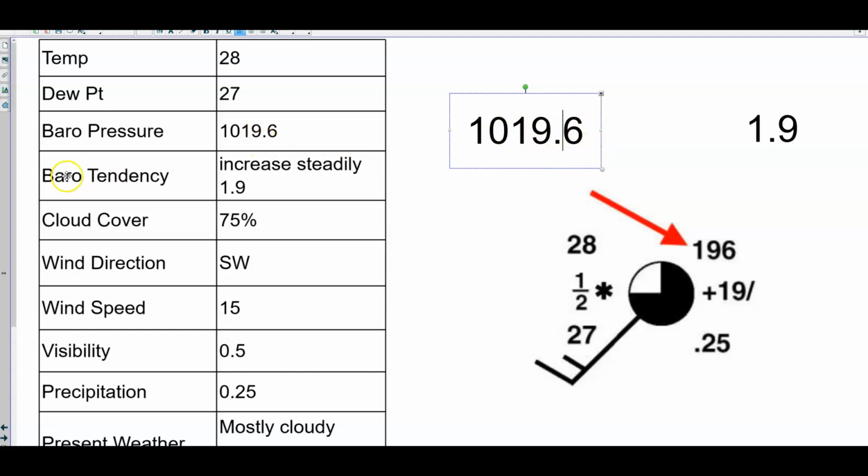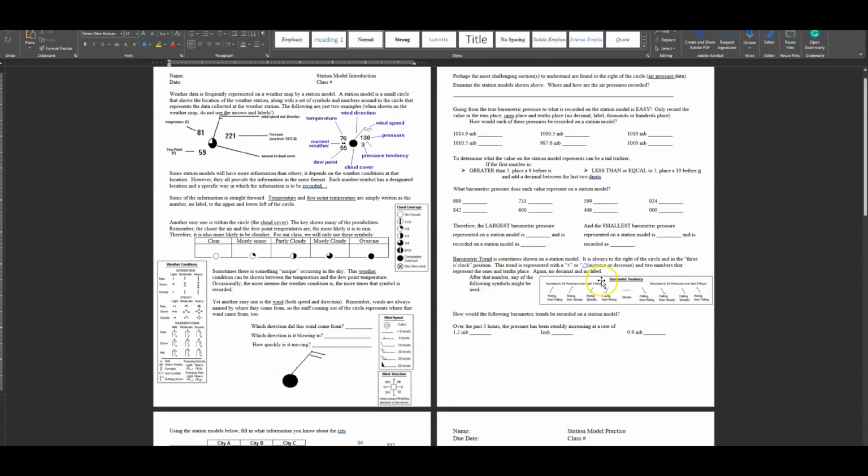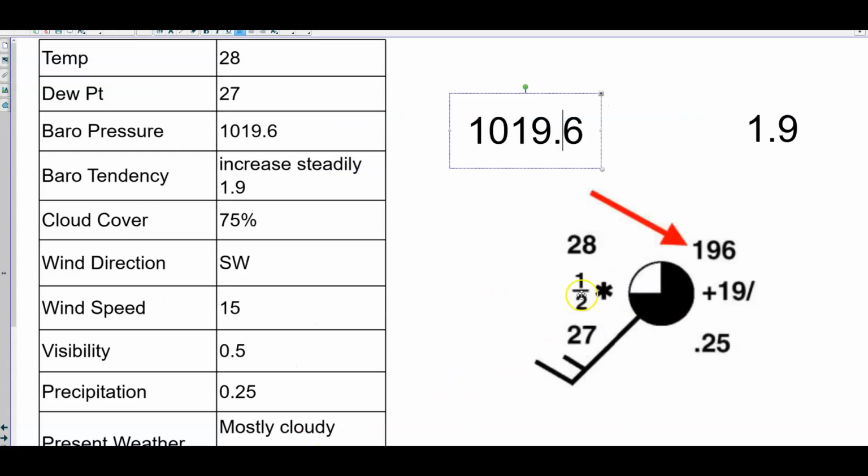Okay. Barometric tendency is this plus 19 with the slash mark right there. Right. And so on the worksheet, we're dealing with kind of this little section right here and how to handle that. Okay. And so just like when we did the pressure here and put this 10 in here, right? We do the same kind of thing with the tendency. We want to know how much is the pressure changing. And it doesn't change by a lot, but it's not by 19, right?